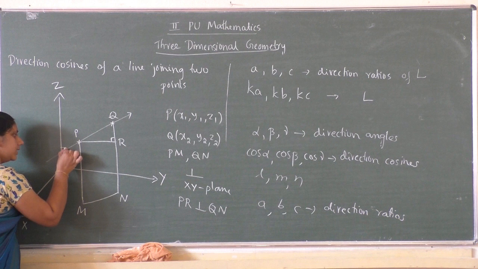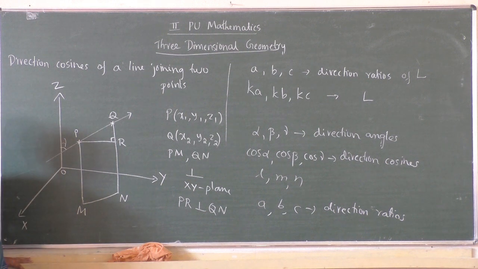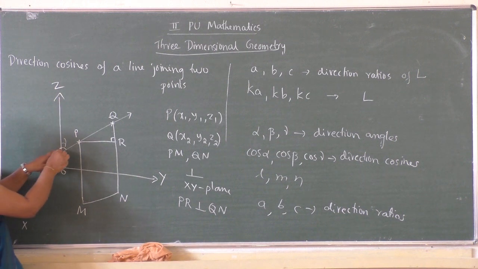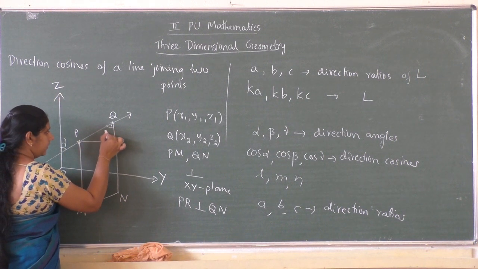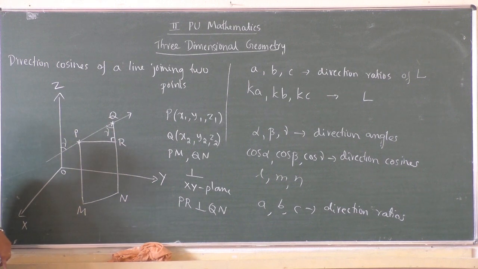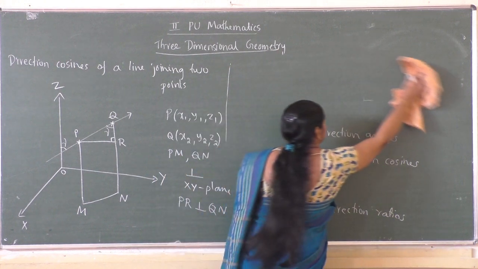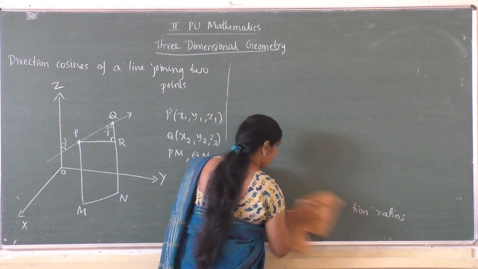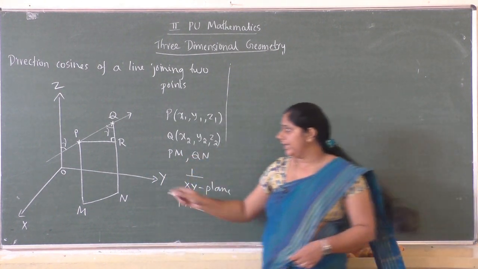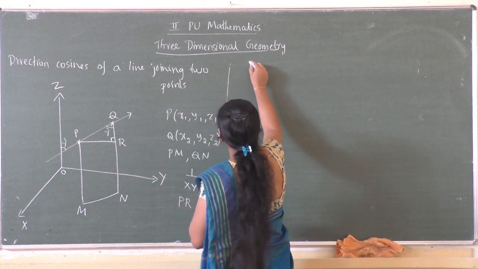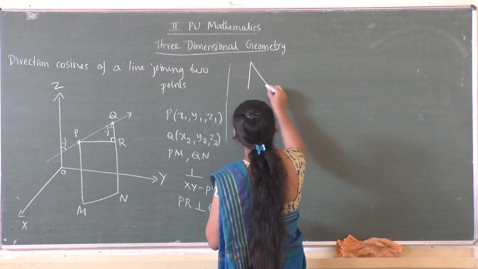Now, if this angle is gamma, that is, we already know the directed line makes an angle gamma with the positive direction of the z-axis, then this is also gamma, right? Then we will get one triangle. I will draw that diagram here.